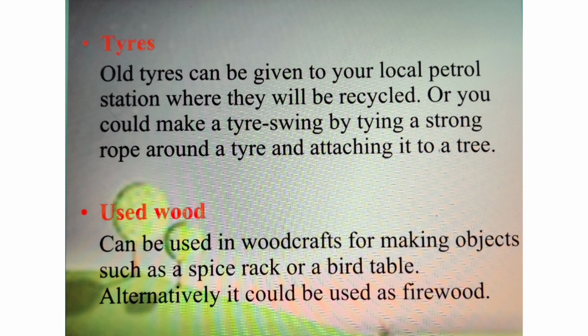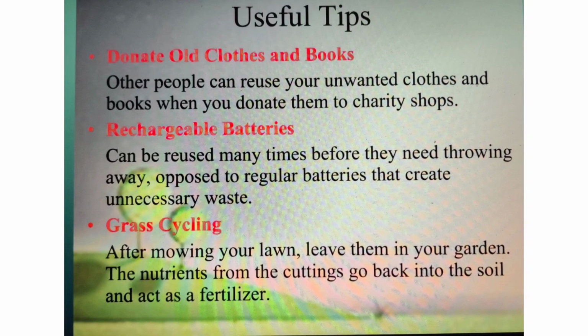Next is the usage of old wood. This can be used in woodcraft for making objects such as a spice rack, bird table, etc. Alternatively, it can be used as firewood. So these are some of the useful tips. Donate old clothes and books.